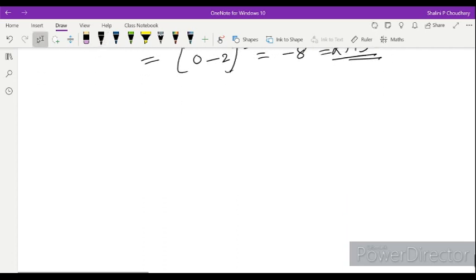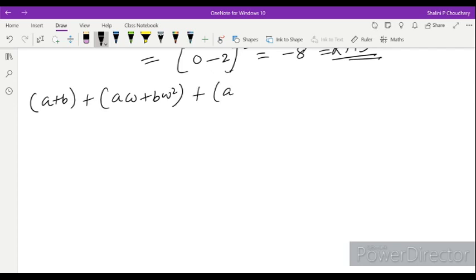One last question we will do. A plus B plus A omega plus B omega square plus A omega square plus B omega is equal to 0. You have to prove this.